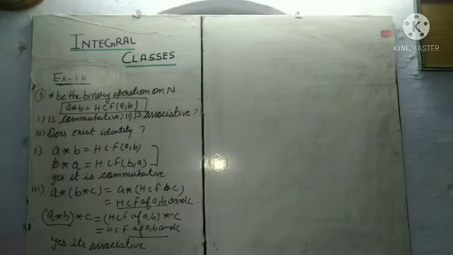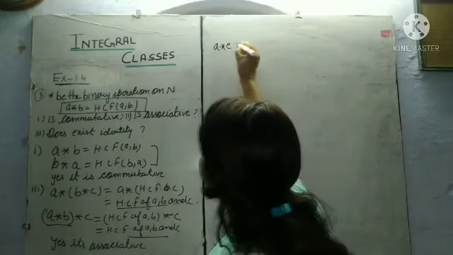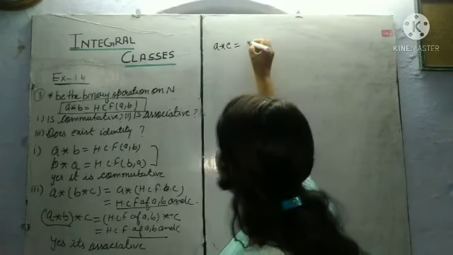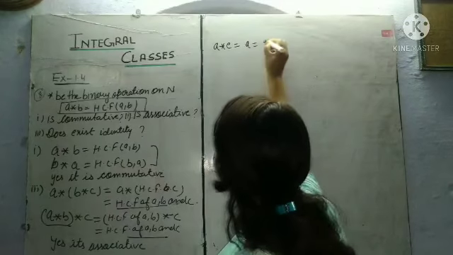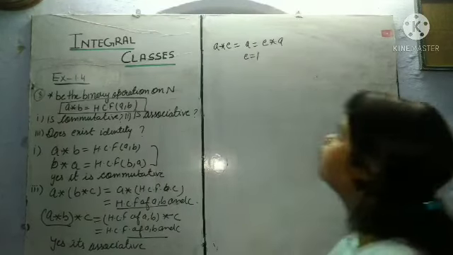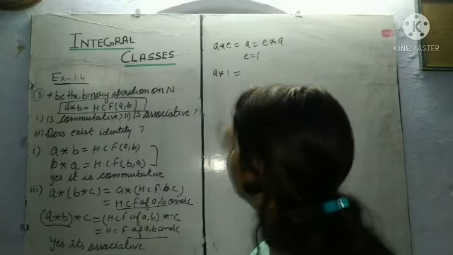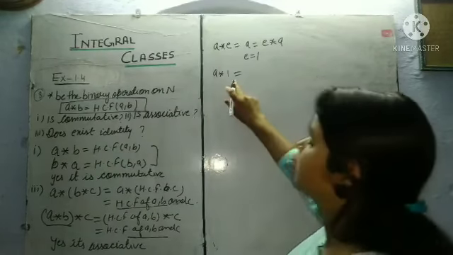Okay. Now next, it asks whether an identity element exists or not. So we will find out here. Suppose the identity element is E, then A star E equals A equals E star A. Now we will consider E equals 1. So A star 1 equals what will we get? HCF of both of these.